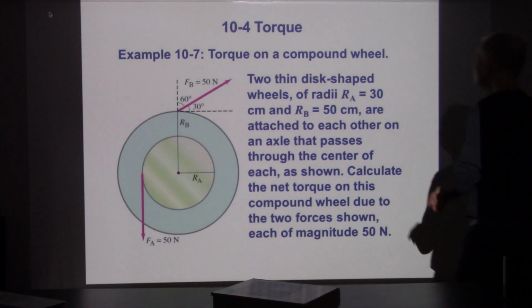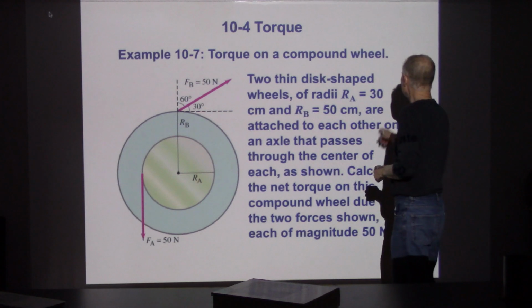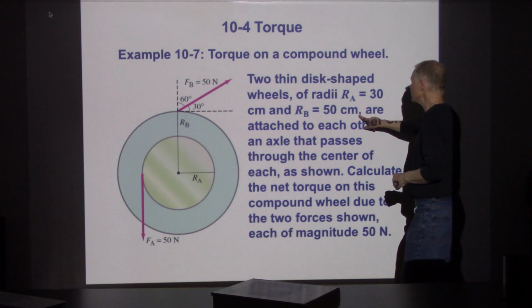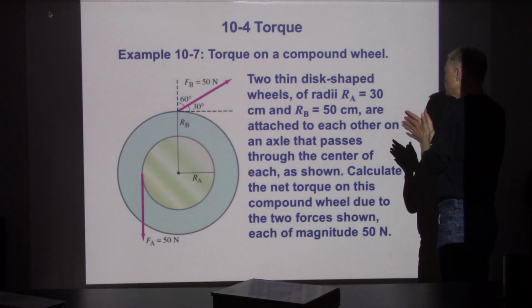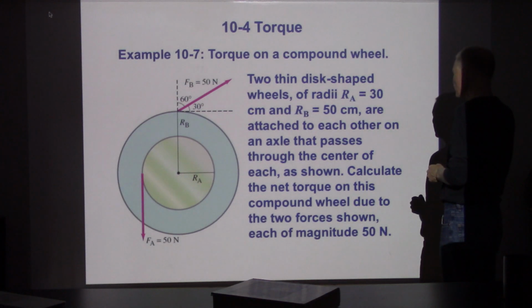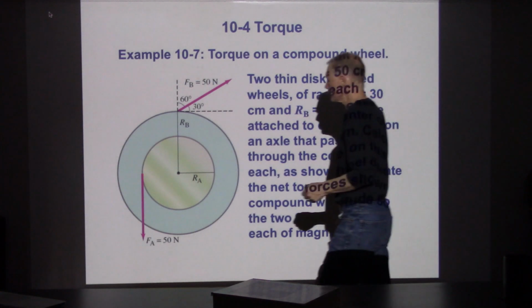So we've got 2 disc-shaped wheels, 2 cylindrical wheels of radius 30 centimeters and 50 centimeters, and they're attached to each other. They're placed on an axle that passes through the center of each. Calculate the net torque acting due to the forces shown.